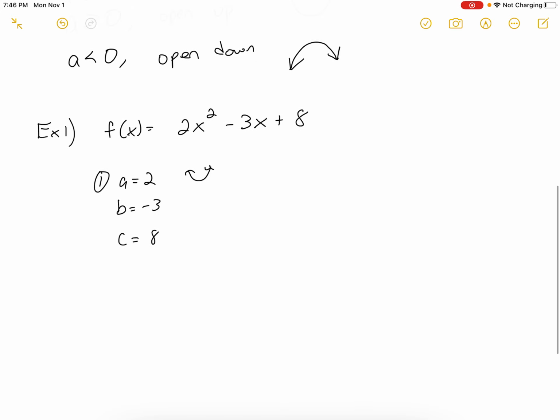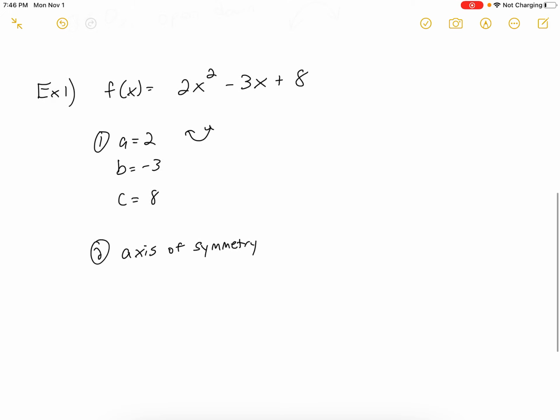Alright, the second thing I want to find is my axis of symmetry. This is the line that cuts your parabola in half. It makes it symmetrical.